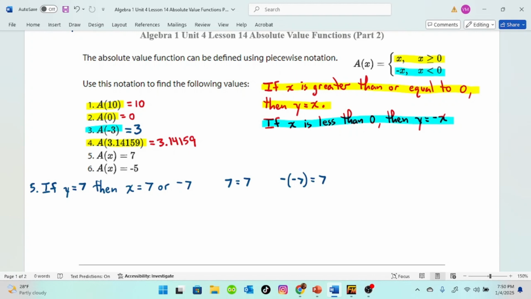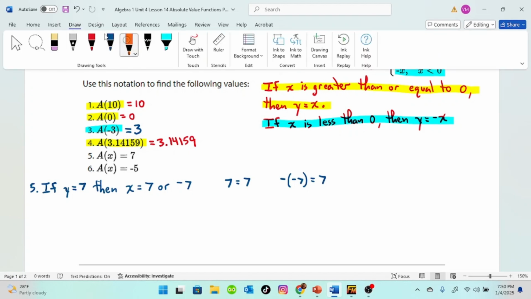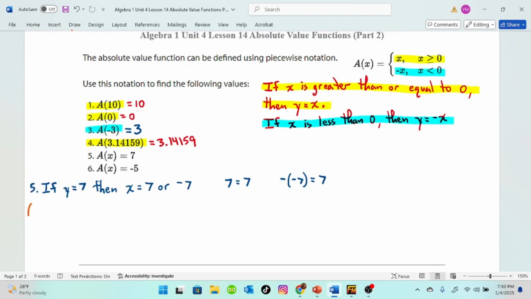And now, if we look at number 6, if y equals negative 5, then we have to think about this. If we tried positive 5, then it would follow the top rule, and 5 would be greater than or equal to 0, and y would be 5.